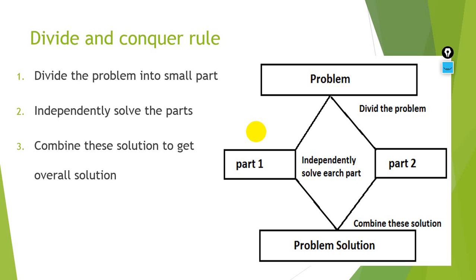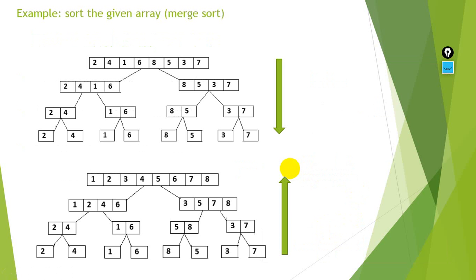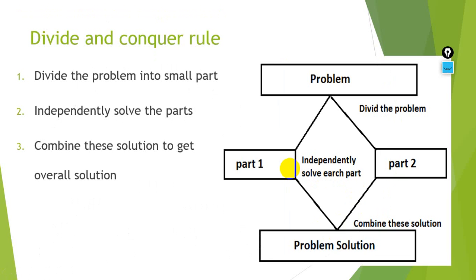Then those solutions are combined together to find the solution for the main problem. So the main problem is divided into two subparts, each part is solved independently, and then the solution is found. This was the previous lecture.